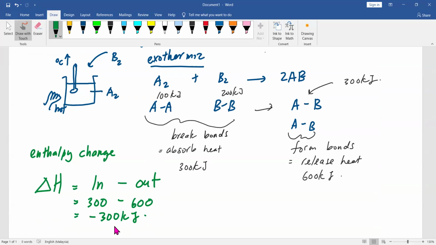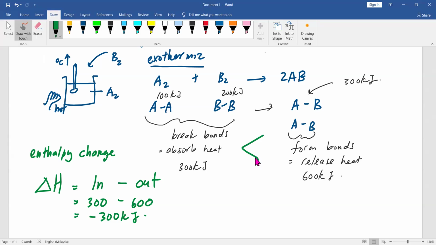Okay, so basically, if they ask you, based on the bonds, why is this reaction exothermic? Less energy is absorbed to break bonds, more energy is released to form bonds.